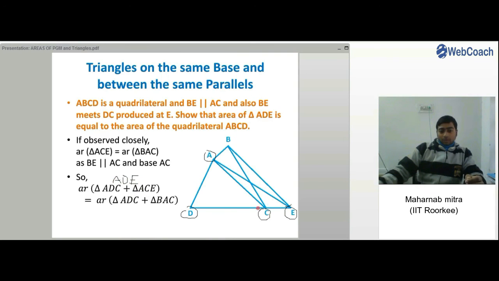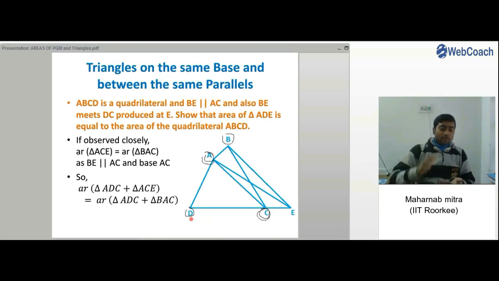And on the right hand side, triangle ADC plus BAC, right? So which figure's area is this? It is the area of ABCD, right?